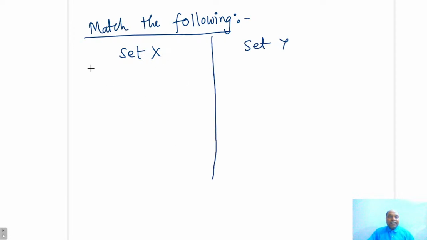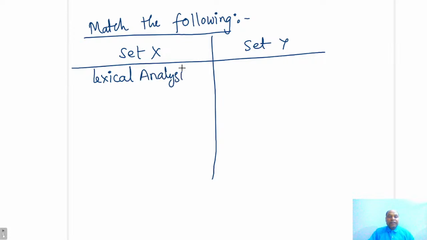Now in set x, first lexical analysis, second syntax analysis, third intermediate code generator, and fourth code optimization.